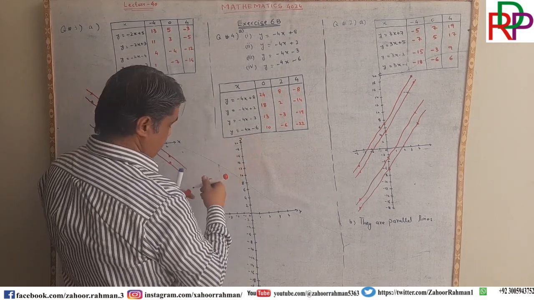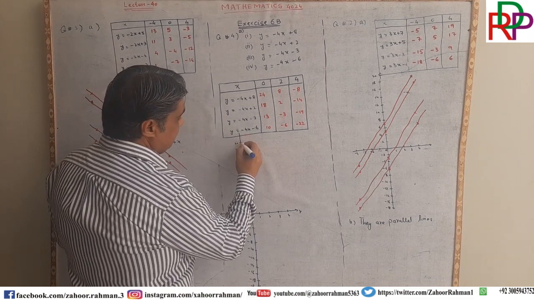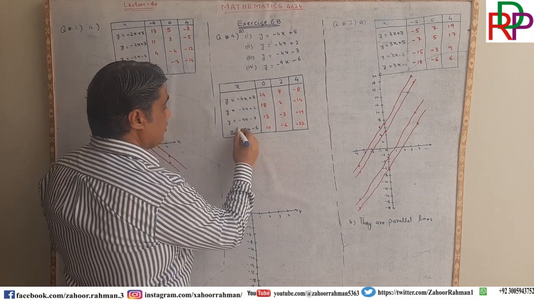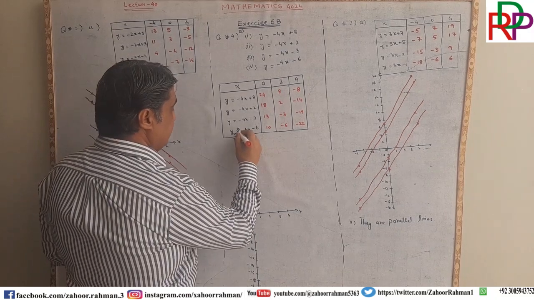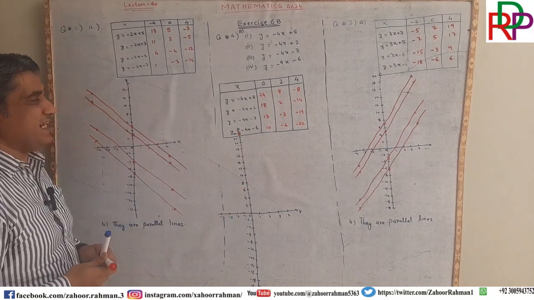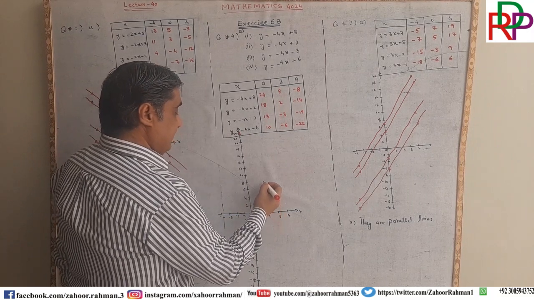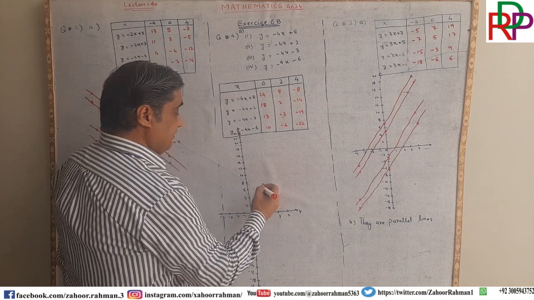This will be 22 and this will be 24. Ladies and gentlemen, the first point will be here. The second point, 2, 8, for 2 it will be 8 here.